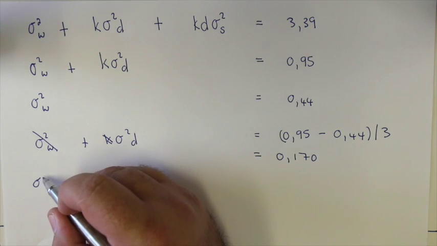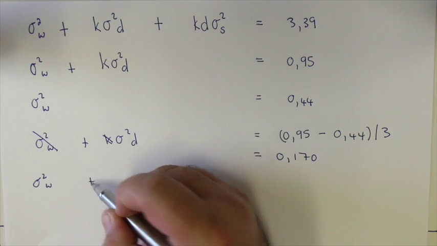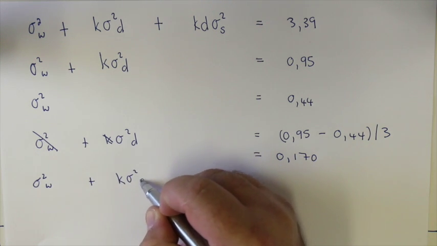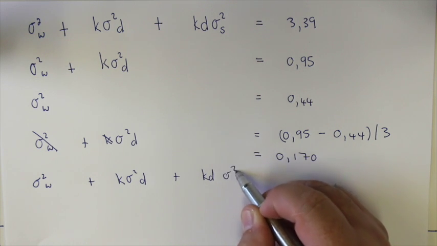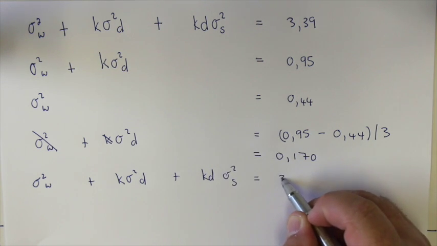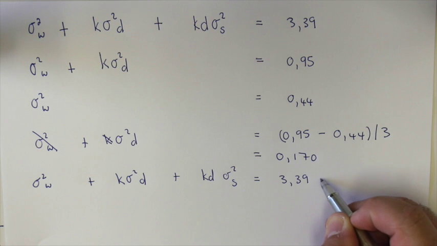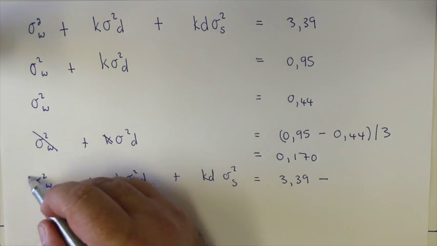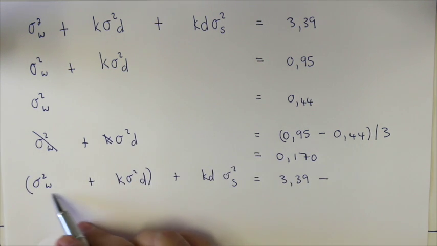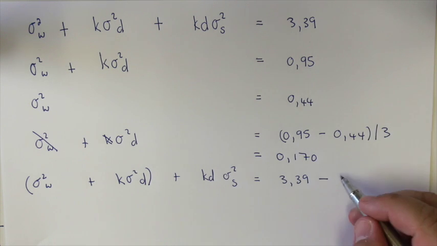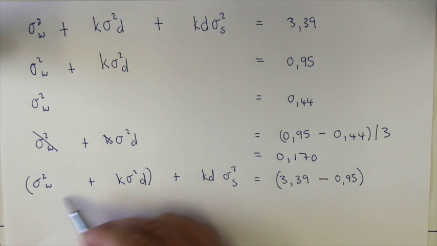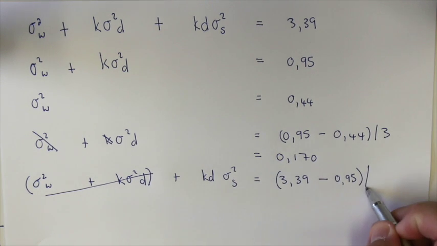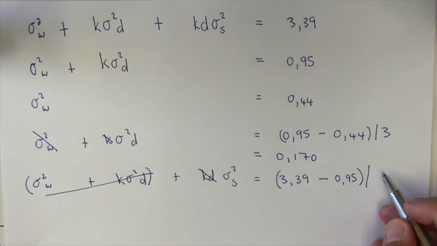Now we would like to calculate sigma squared s. Sigma squared w plus k times sigma squared d plus kd sigma squared s equals 3.39 minus, this in brackets, 0.95, divided by kd.